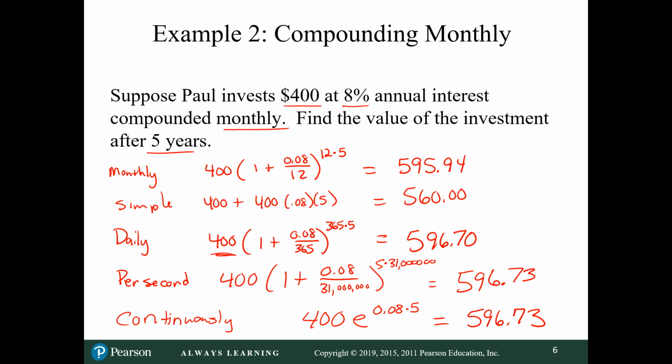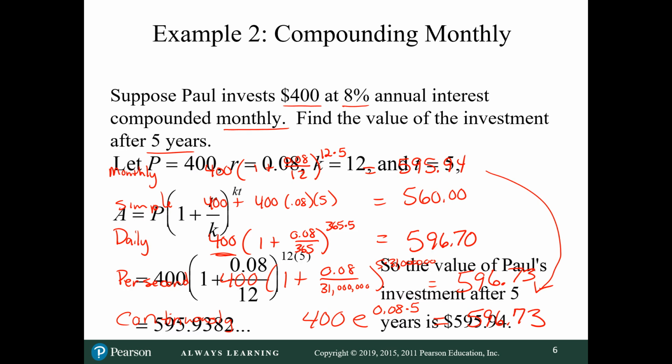So, yes, between monthly and continuously, for this small amount of money, the difference is less than $1. But you can see it is more than what you would have.